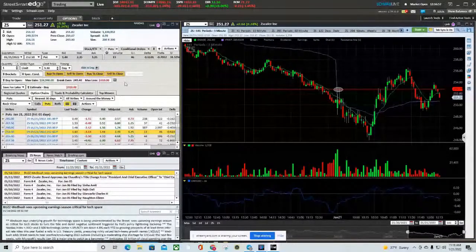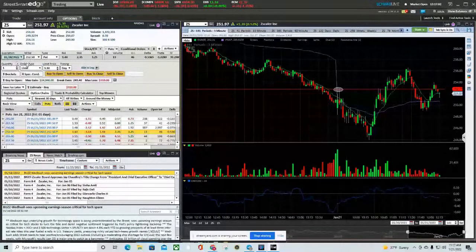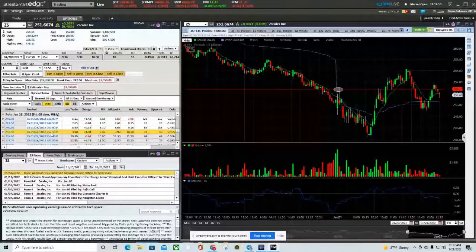Let's look at January 28 put options, and let's start at the money, at 252.50. These are trading at around $10.